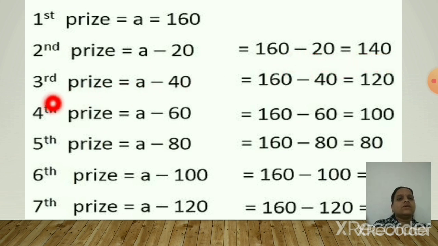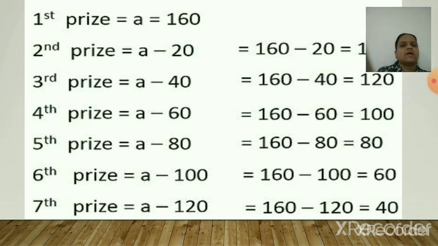What will be the third prize? A minus 40, that is 160 minus 40, equal to 120. The fourth prize will be A minus 60, 160 minus 60 equal to 100. The fifth prize is A minus 80, 160 minus 80 equal to 80.